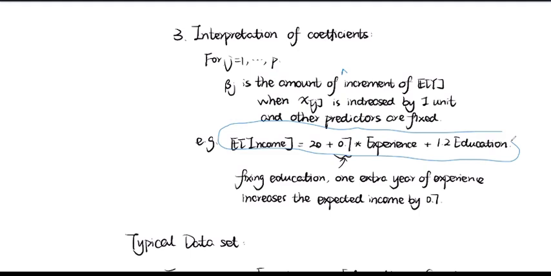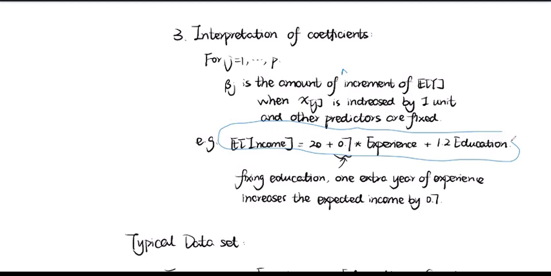What is the estimate of beta naught going to tell me? You need to quickly go back to high school when you were working on the y-intercept. What do we call the y-intercept? The y-intercept is the value of y when x equals 0.